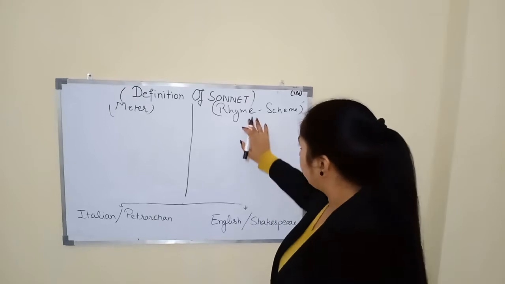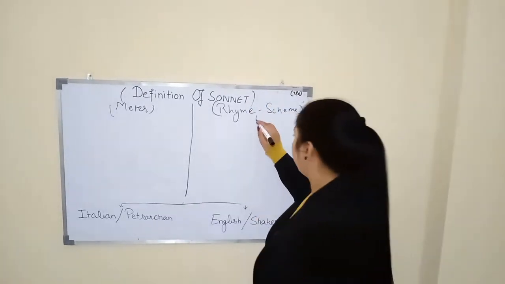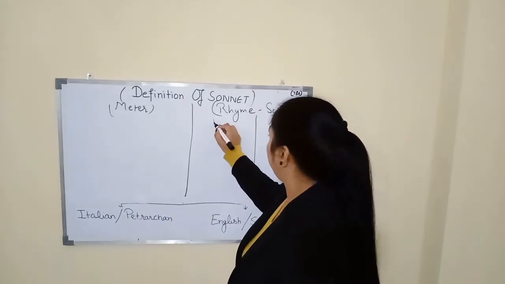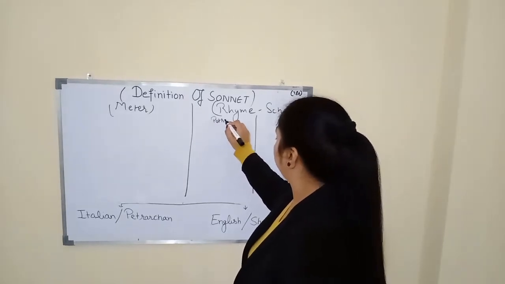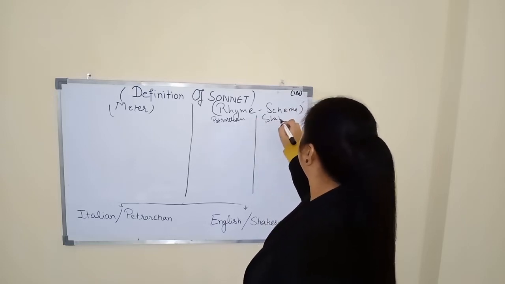And rhyme scheme is also different for Petrarchan and Shakespearean. So here, let me classify. Here it is for Petrarchan and Shakespearean.